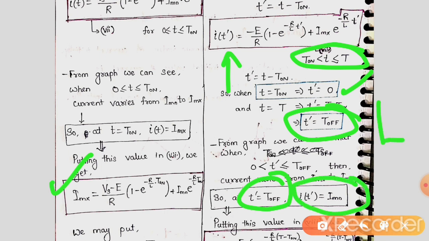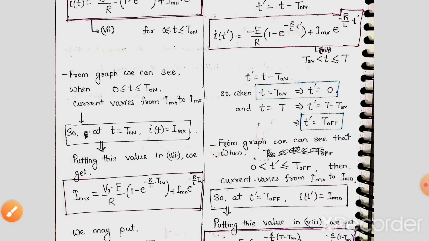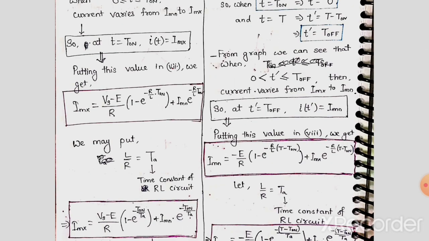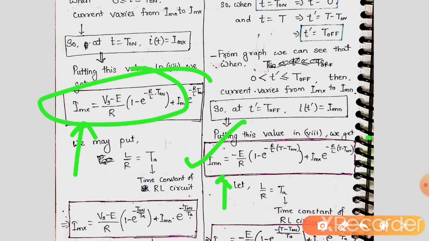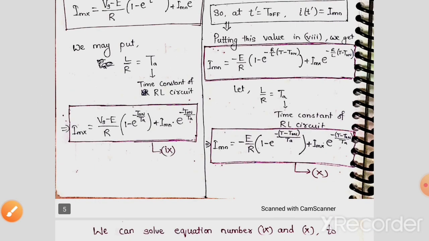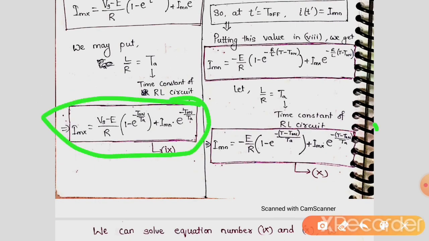The current has already reduced to its minimum value. So putting the value in the expression, we get the following expression for minimum current and this expression for maximum current. Now we can solve these two expressions for minimum and maximum current and get the final result as this.